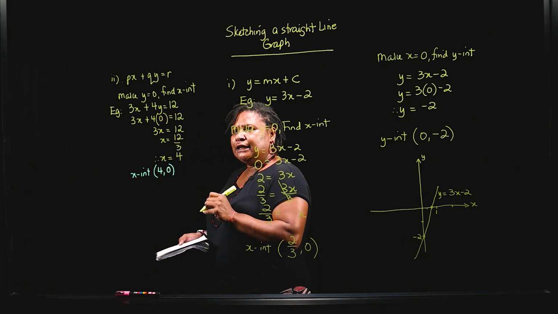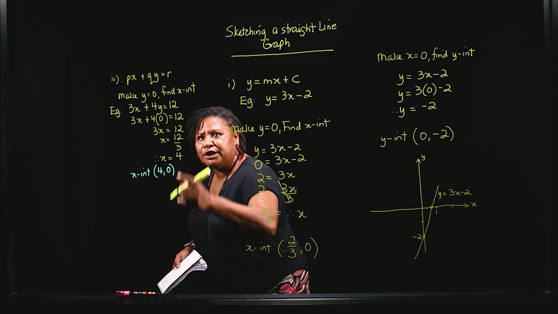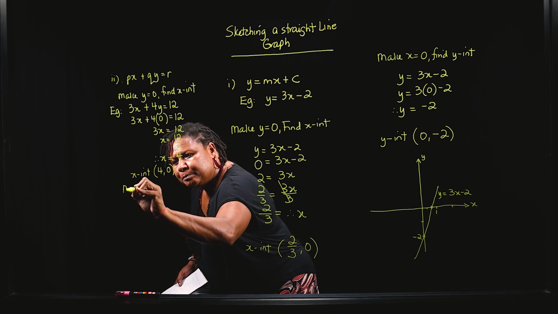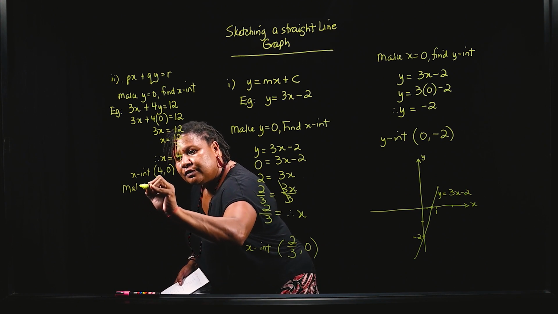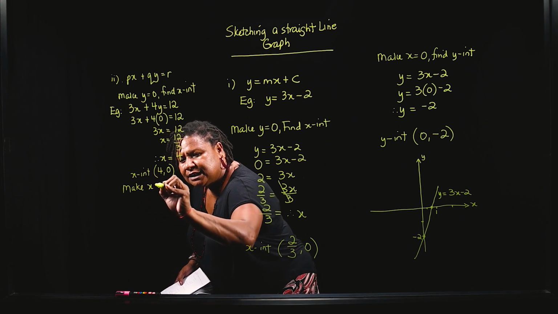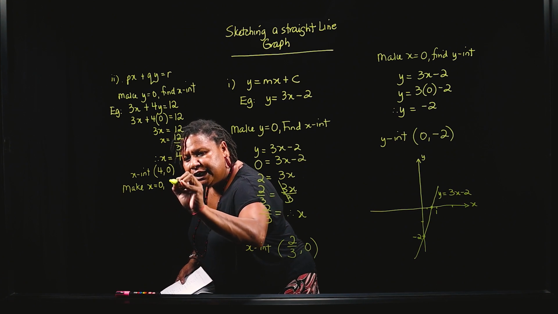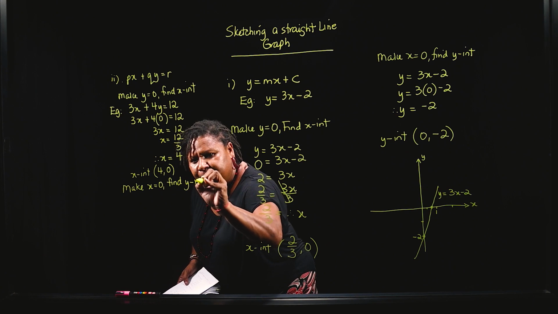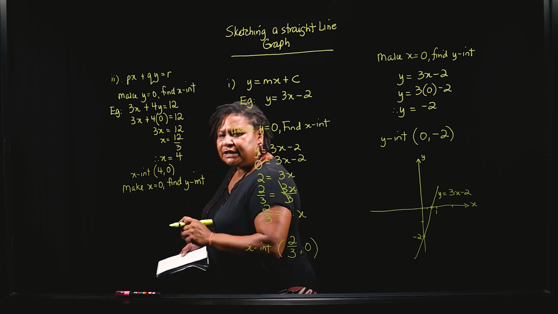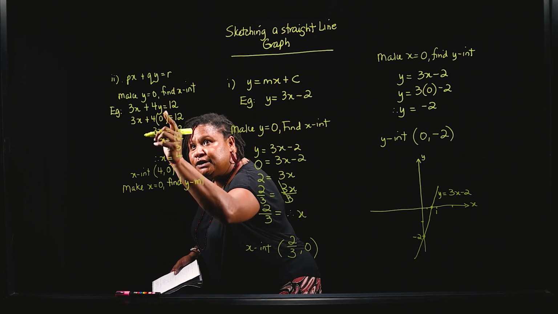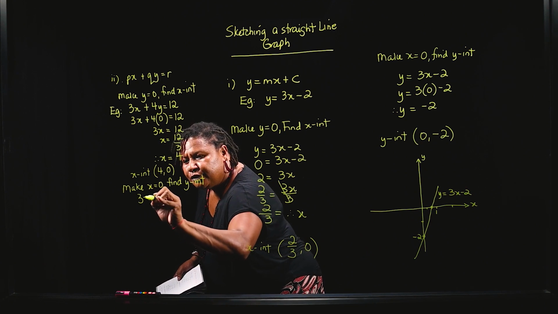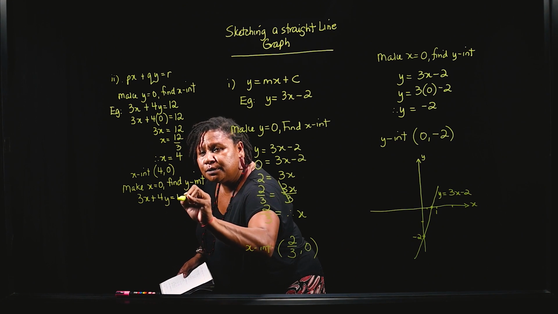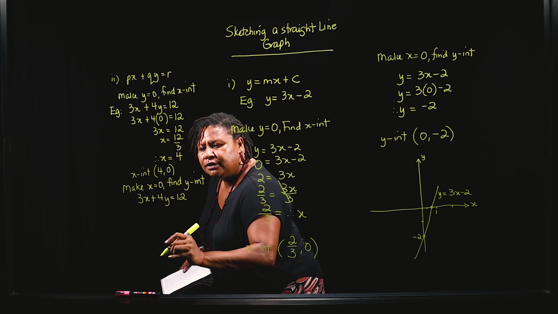All right, the next point we need to find is the y-intercept. So this time, we make x equal to 0, and we find the y-intercept. All right, now using the same equation, 3x plus 4y equal to 12.